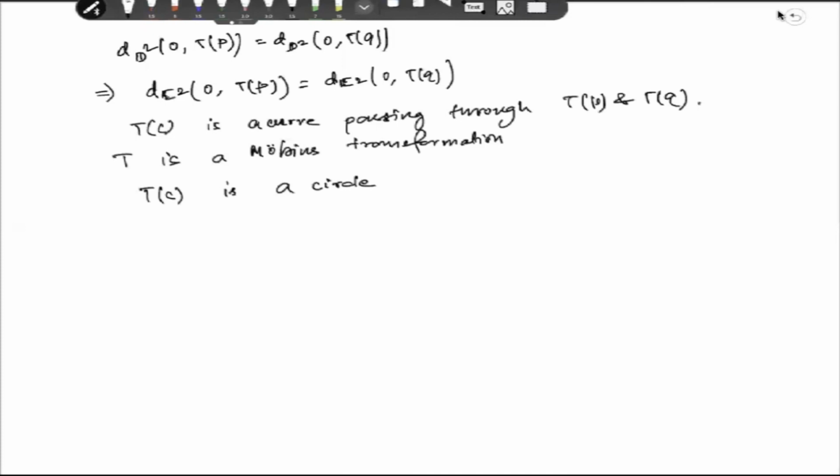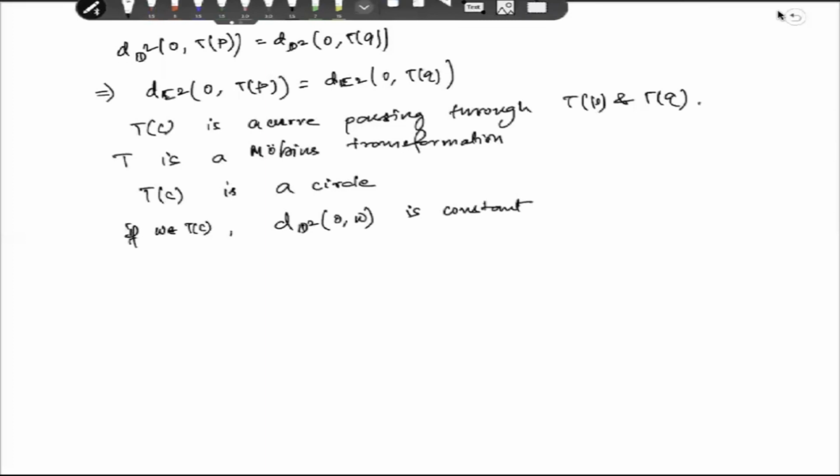And if I take any point on this T of C, so if W belongs to T of C, then the hyperbolic distance from O to W is again constant. This computation we have done earlier.